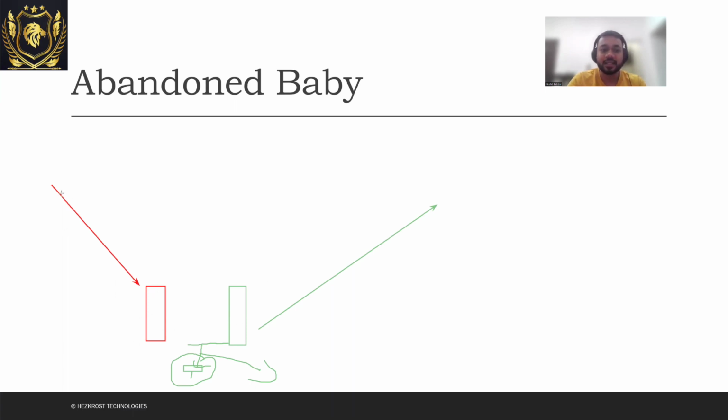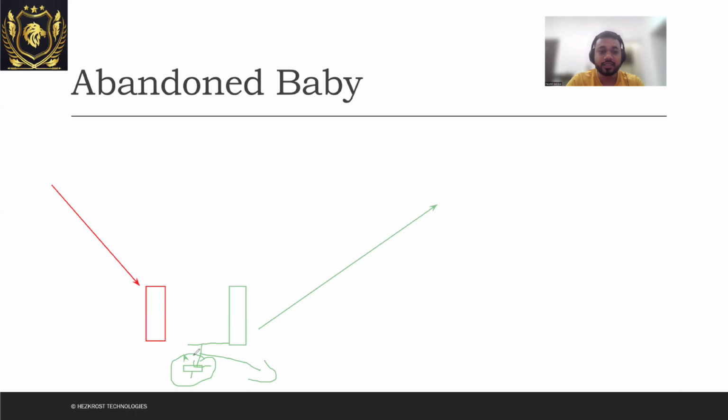What is happening is there was a downtrend going on, which is fine, but all of a sudden a negative news came into the market, because of which it went even further and there was a gap. But then there was positive news at this particular stage, and sorry for that.